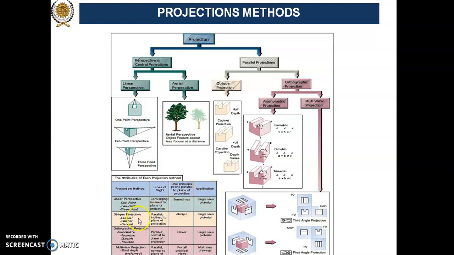In oblique projection, maybe cavalier, cabinet or general, we again get a single view pictorial. If it is axonometric projection, here also we get a single pictorial view, but in multi-view projection we get multi-view drawings. These are the various attributes.